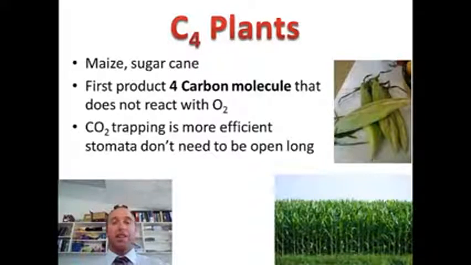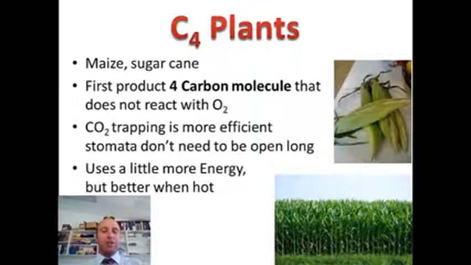Whereas in these plants, they can open them for short periods of time because they've got a really efficient way of trapping that carbon dioxide by creating this 4-carbon molecule first. I suppose the only real downside is it uses a little bit more energy, but certainly when it's hot, it's an adaptation for these plants, and they're a lot more efficient in overall photosynthesis and their survival by using this method.